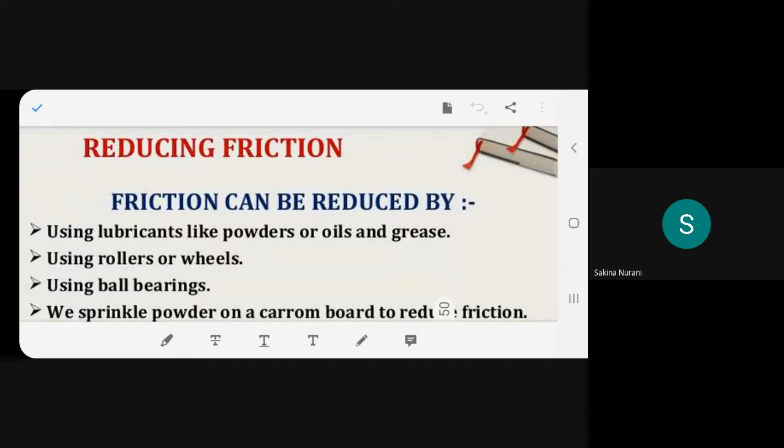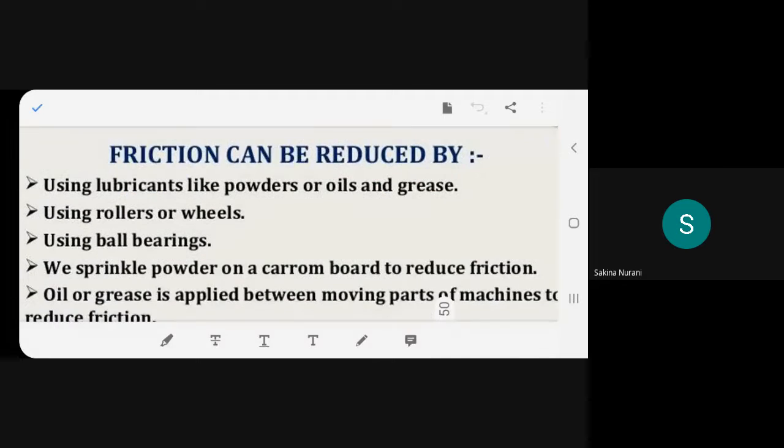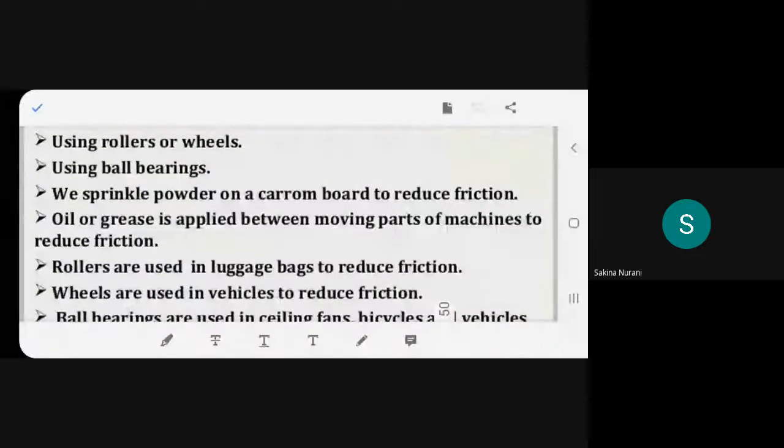Read it. Reducing friction. Friction can be reduced by using lubricants like powders or oils and grease, using rollers or wheels, using ball bearings. We sprinkle powder on a carom board to reduce friction.